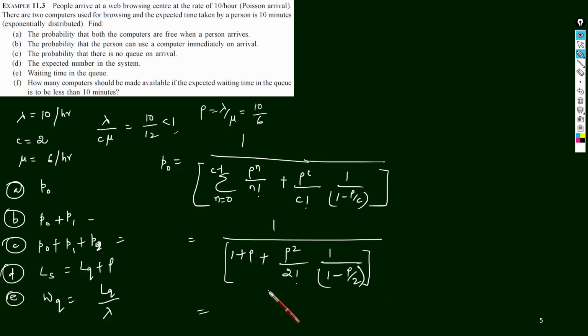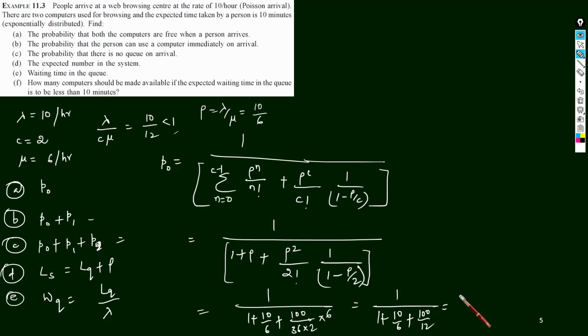So 1 upon 1 plus 10 by 6 plus rho square, that is 100 by 36, divided by 2 factorial, into 1 minus 10 by 12, which is 2 by 12, that is 1 by 6. So this is 1 plus 10 by 6 plus 100 by 12.